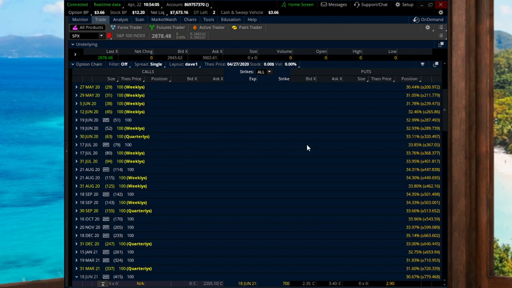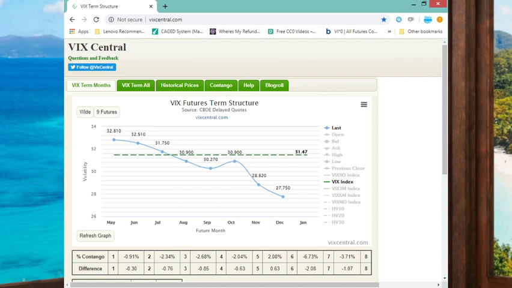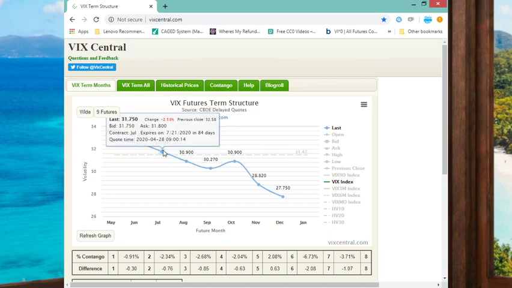And if we look over here, it says, what does it say for volatility price level? It says July 17, 33.76. So then if we go back to our VIX chart here for July, this has 31.